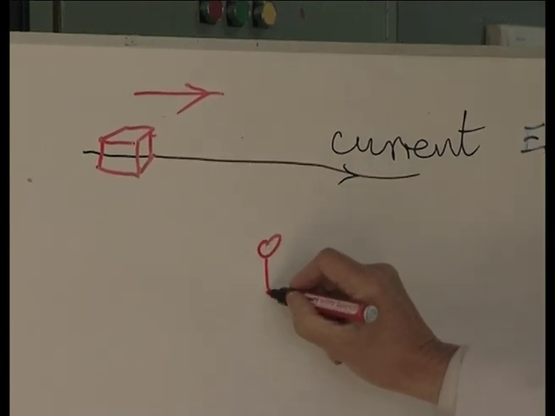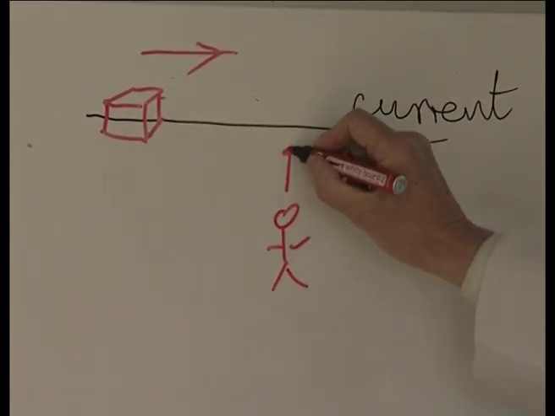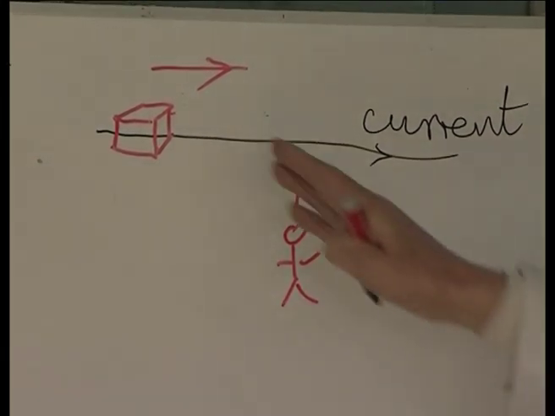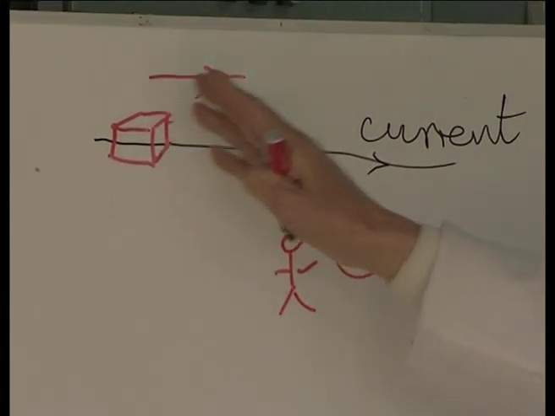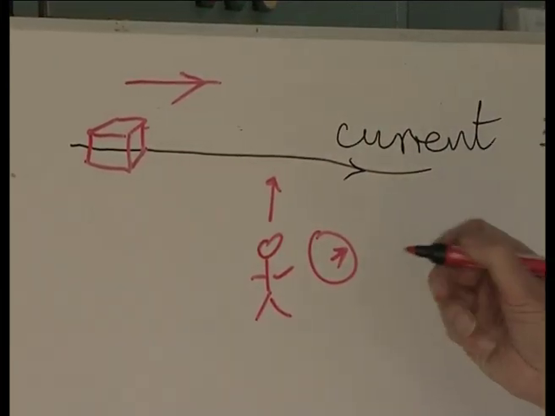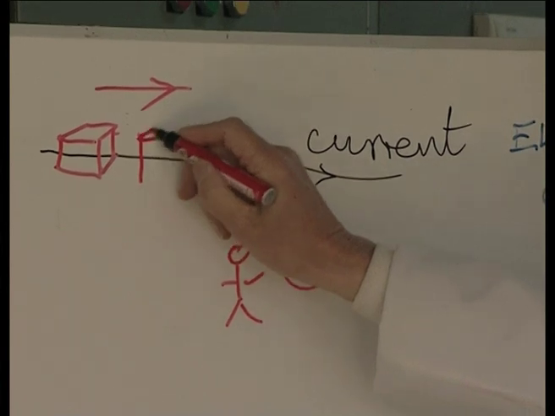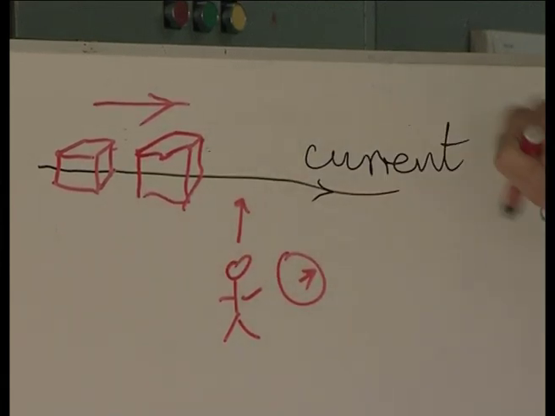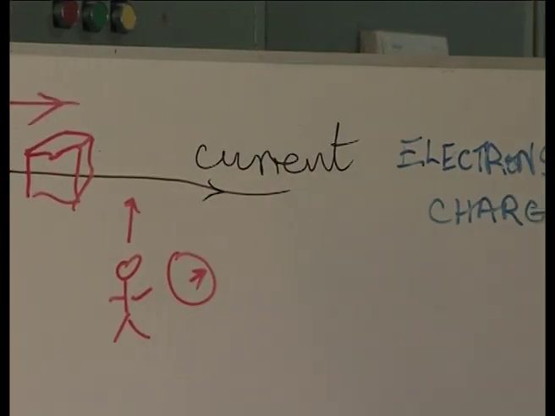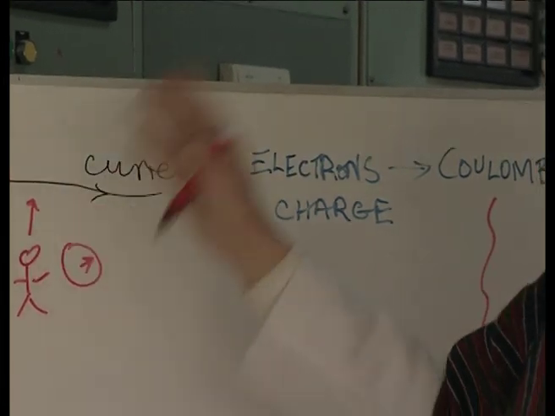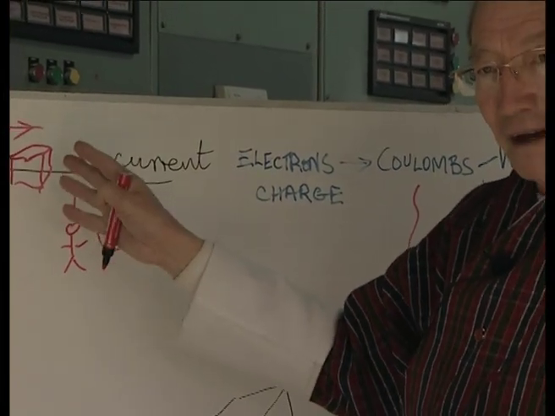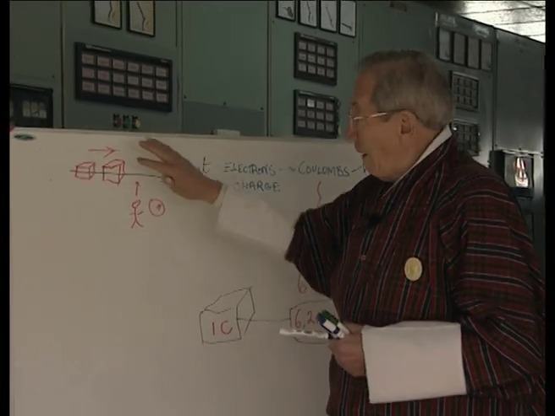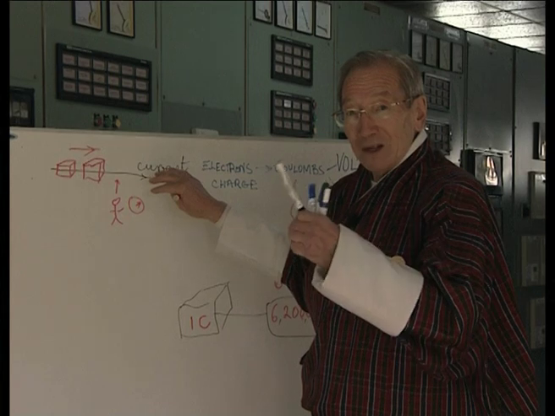And if I station a person here with a little stopwatch, and he counts how many of these boxes are going past every second, there they are, flowing past. Somebody says, go, they go past, 1, 2, 3, 4, 5, 6, counts how many boxes of electric charge are flowing past in 1 second.